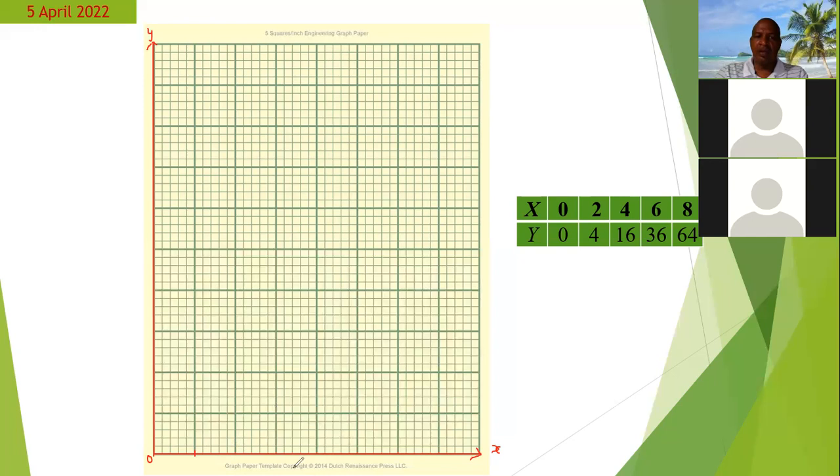So you would write your scale for your x-axis. Now, guys, you don't have to use the same scale that I'm using here. You can choose any scale that you see appropriate for your graph or your axis.